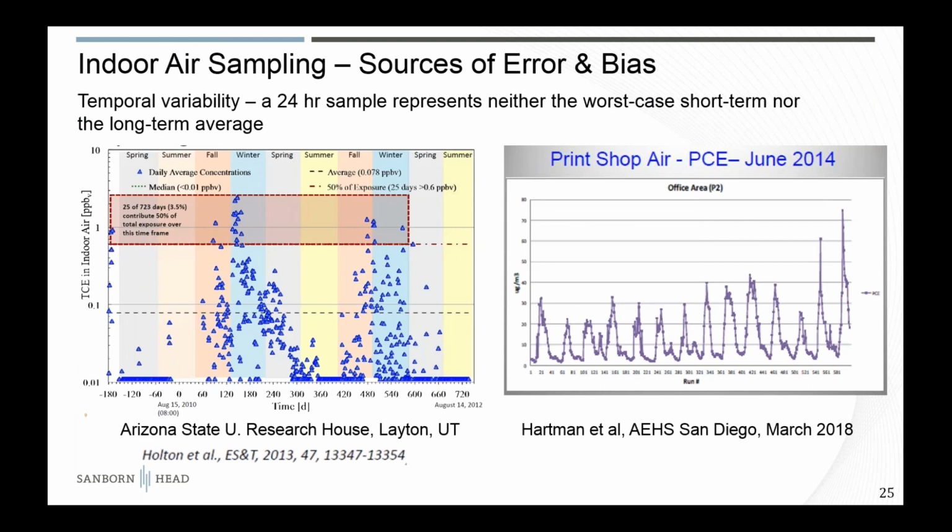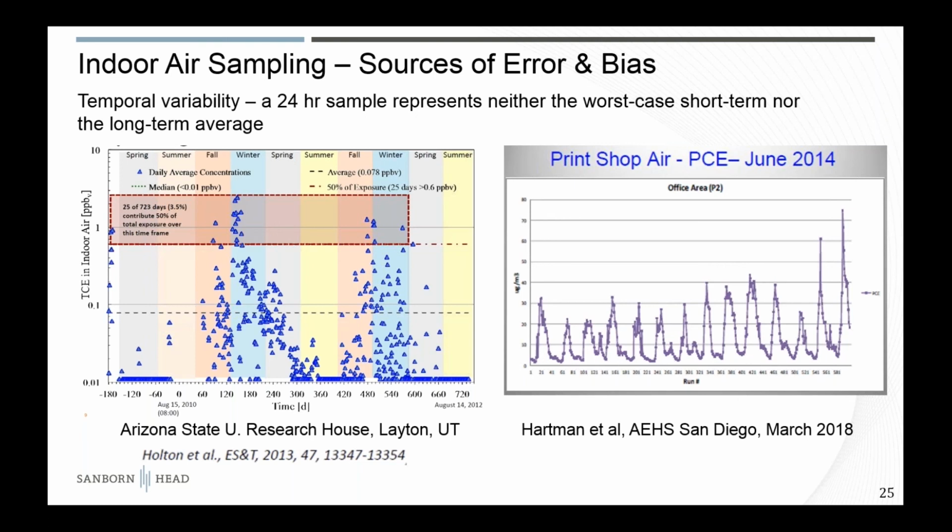All right, so back to this question of variability of indoor air sampling results. You may be familiar with the Arizona State University Research House out in Utah, also known as Sun Devil Manor. It's been a highly instrumented house for a long time, and they've been collecting indoor air data there continuously. And this is a period of 2 years, TCE concentrations on the y-axis.